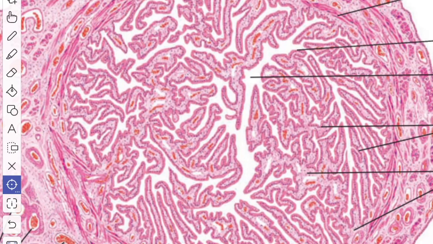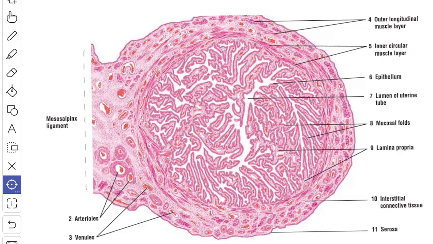The numerous folds of the tube ensure a close contact between the ova and the sperm and the surrounding cells of the tube so that the germ cells get the best possible nutrition. Next to the mucous layer, you have the muscular layer, and the outer layer is the serosa. So this is the serosa.